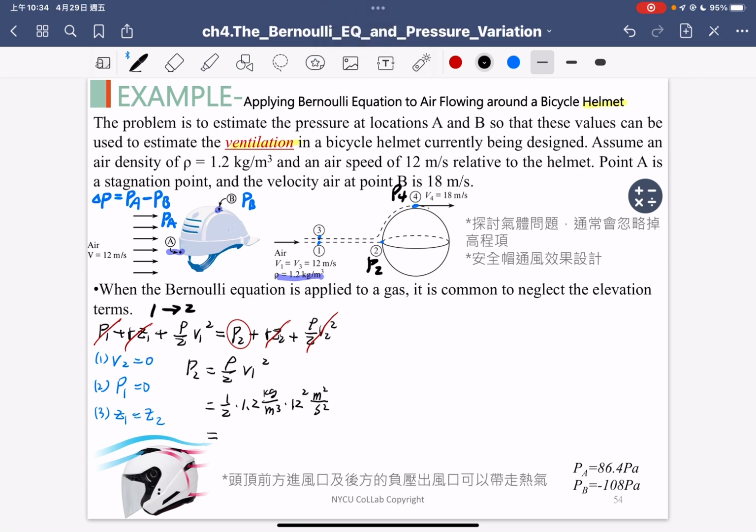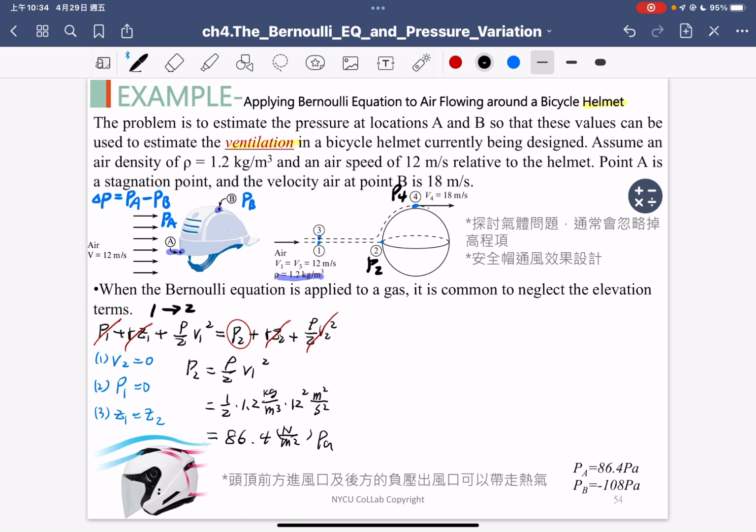So 1.2 multiplied by 12 squared and divided by 2 is equal to 86.4, and the unit should be newtons per square meter. This unit we call the pascal, right?